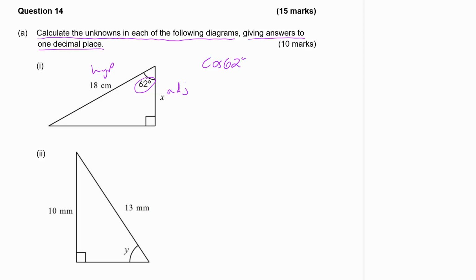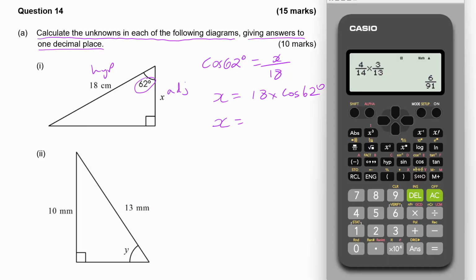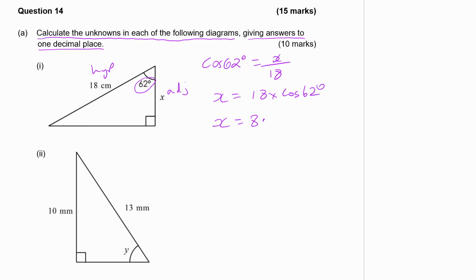Cosine of the angle is the adjacent over the hypotenuse, and therefore x is equal to 18 times cos 62 degrees. And we can just calculate that. So we have got 18 times cos 62, and that is 8.5 to 1 decimal place.